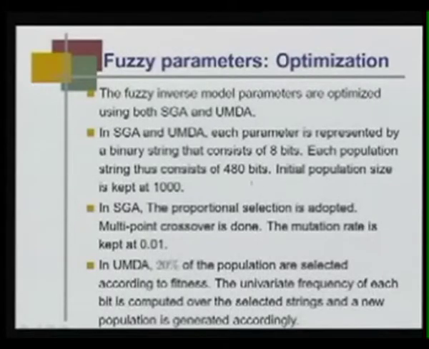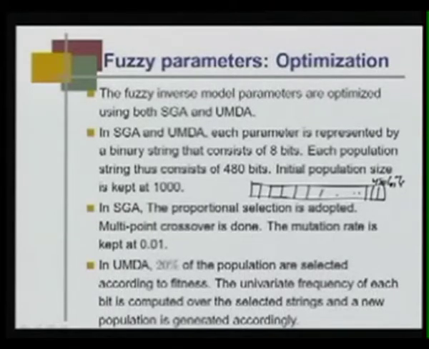So, each string in the population consists of 480 bits, out of which 8 bits represent 1 parameter, and the total of 480 bits will represent 60 parameters. Initially the population size was kept at 1000.